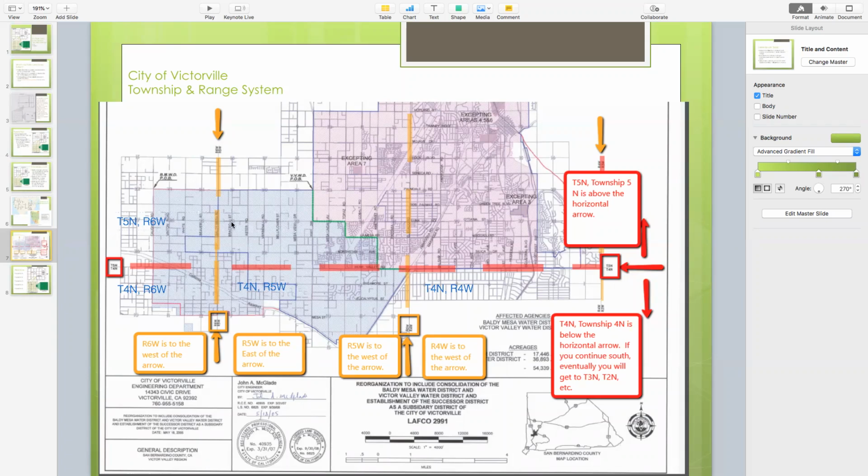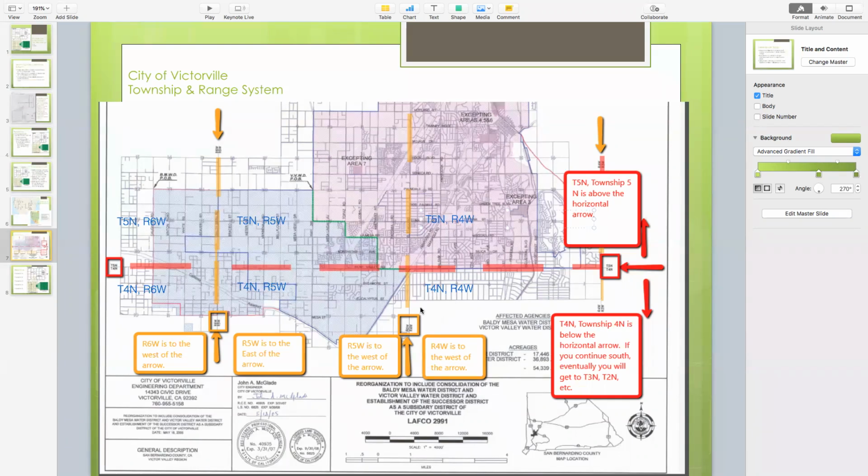If we move one more over toward the east, we would be in Township 5 North, Range 5 West. And in this one, we would be Township 5 North, Range 4 West.